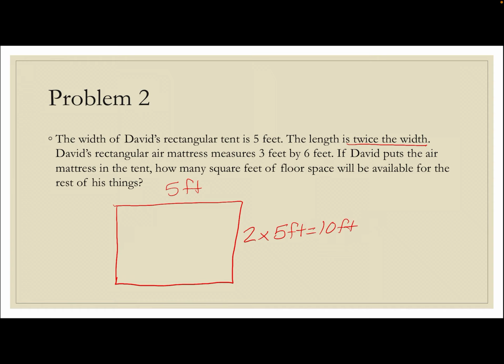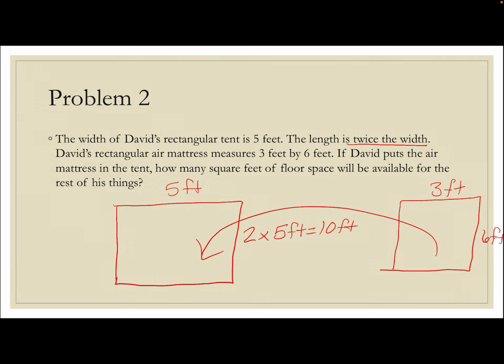So we've got 5 feet by 10 feet. And it says the air mattress is 3 feet by 6 feet. And they want to know if we put the air mattress inside the tent, how much space will be left?